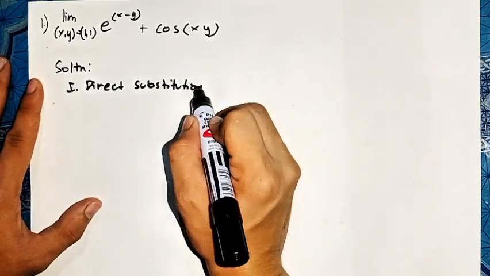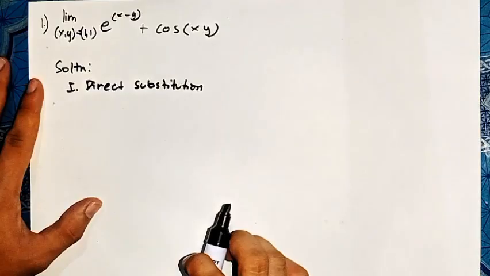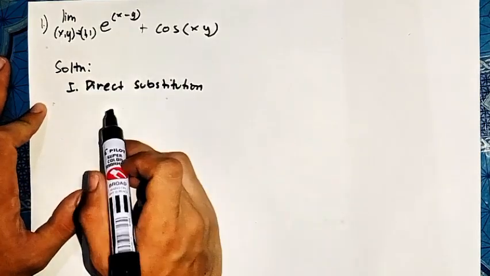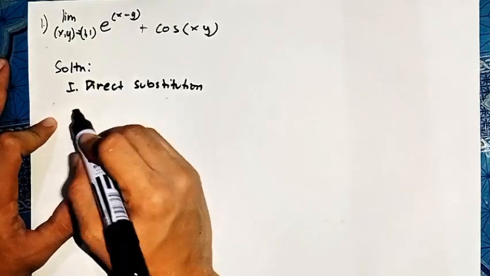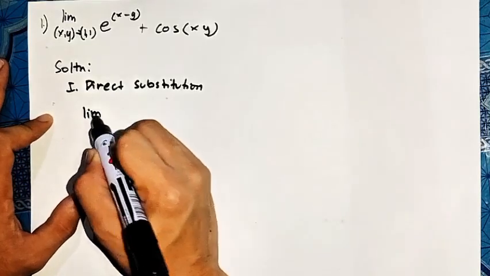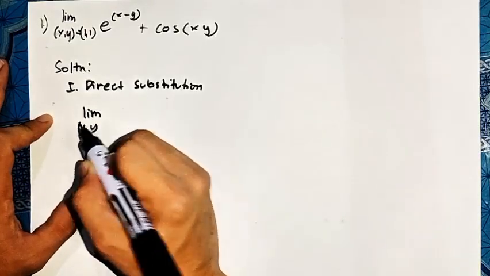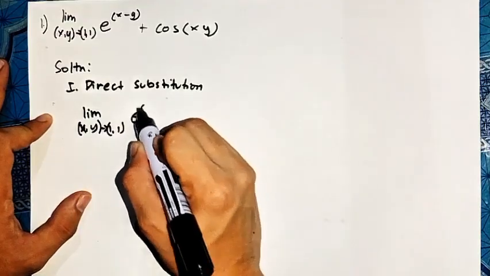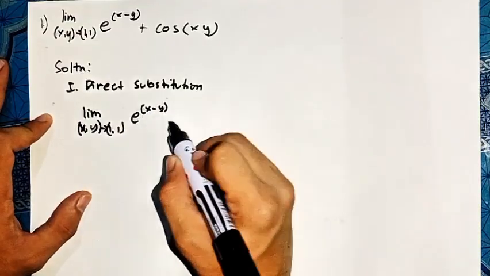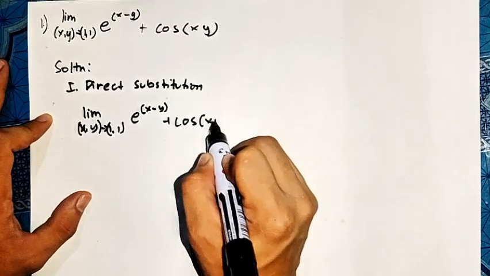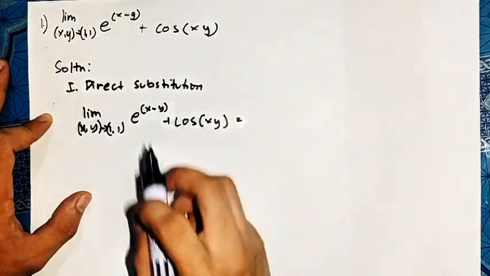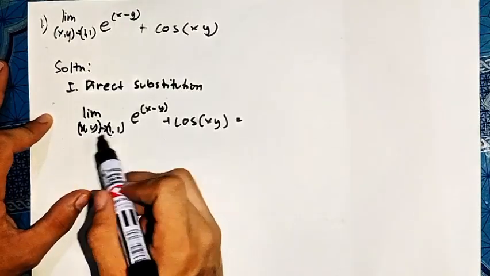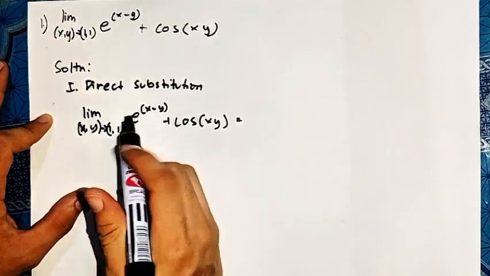If you are evaluating a limit, this is the first thing that you need to do, which is the direct substitution. We have the limit as (x, y) approaches (1, 1) of e to the power of x minus y plus cosine xy. The value of x here is 1 and the value of y here is 1. So let's substitute 1 for x and y.